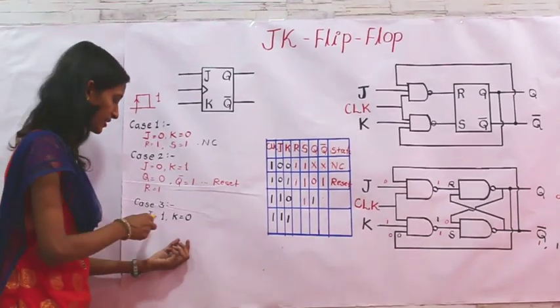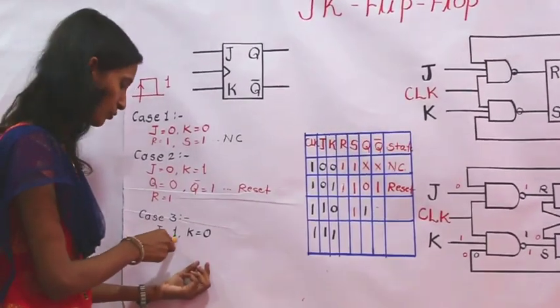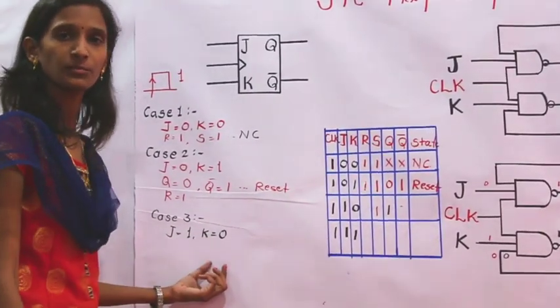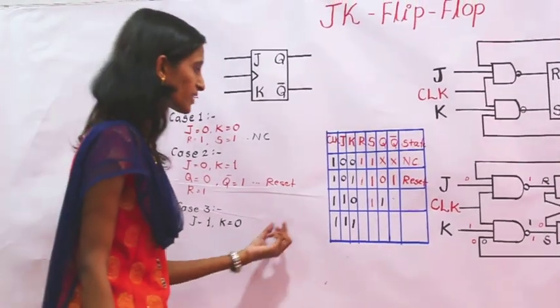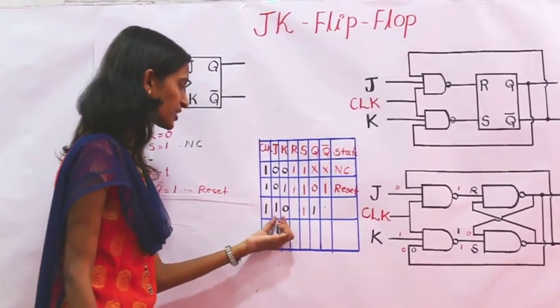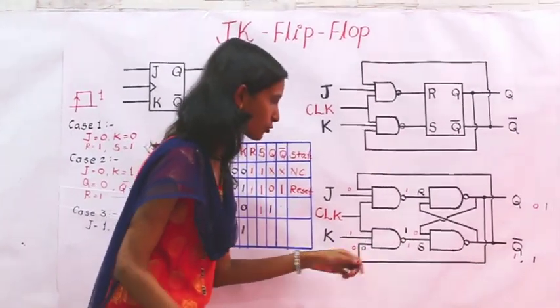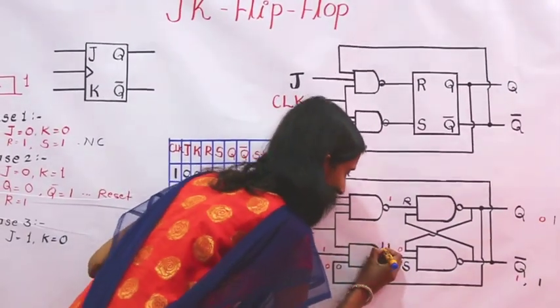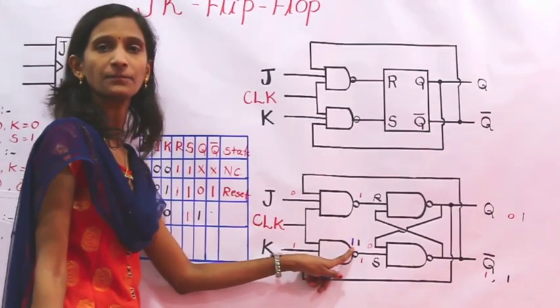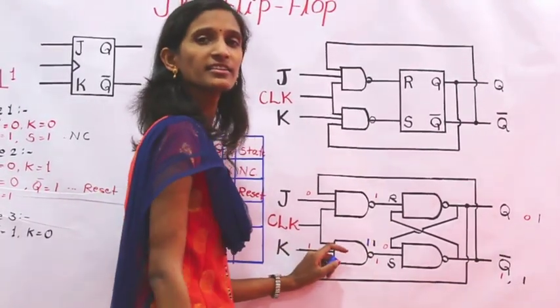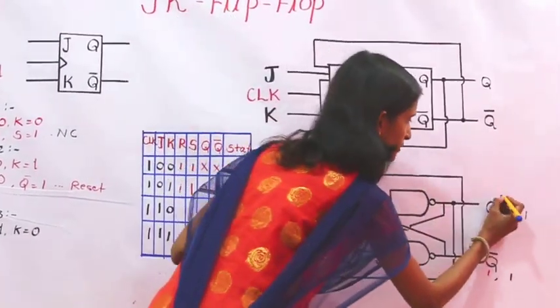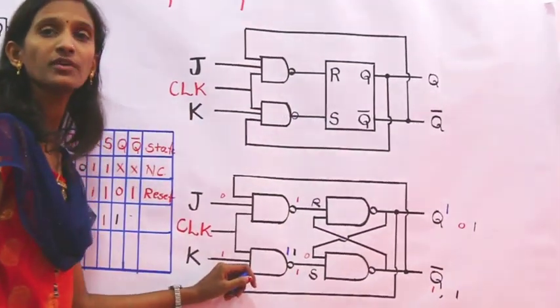Now consider case number 3, J equal to 1, K equal to 0 with the positive high signal, meaning clock as a 1. Here now if J is 1, K is 0, this K gives output as a 1. Now assume again here Q as a 1.